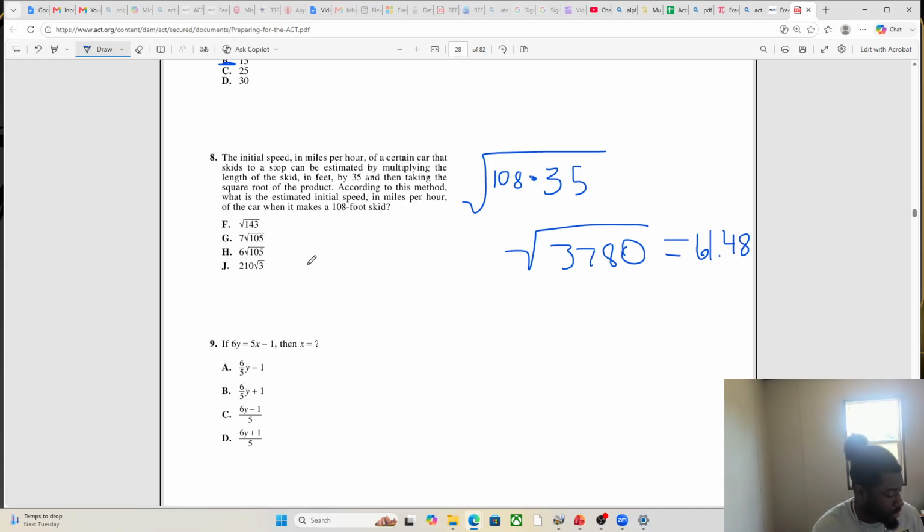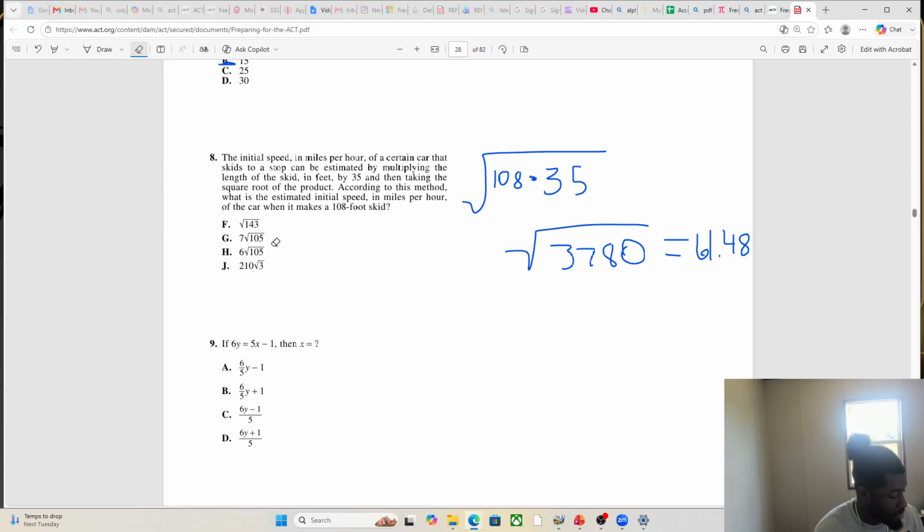So let's see what decimal our answer choices are. The square root of 143 is 11.95. No, I'm just going to say them out loud. You guys have calculators. So F is 11.95. That's not it.